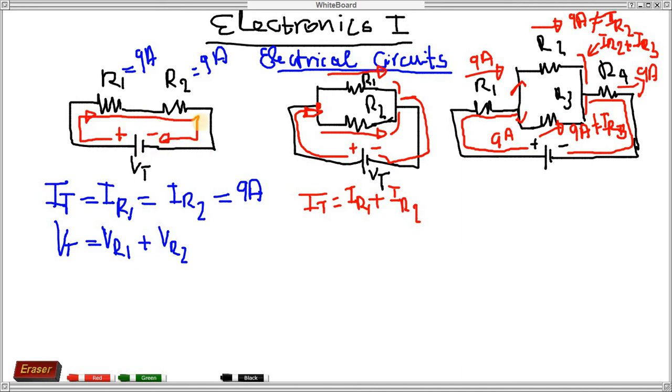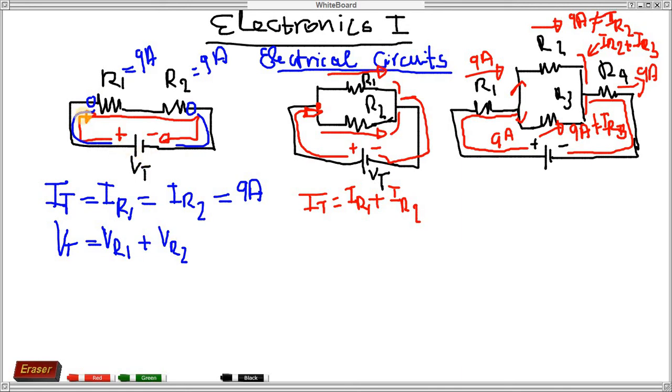I'm going to explain it in a simple way, in the very basic method. The voltage is connected directly, holding one end of this resistor, and the other terminal is holding one end of the other resistor. So it's going to share the voltage between them.